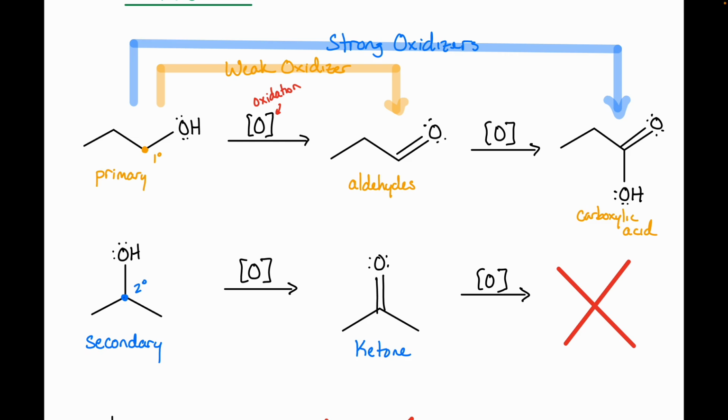For a secondary alcohol, you don't have the same problem. Regardless of whether you used a strong oxidizer or a weak oxidizer, they would both do the same thing. They would both convert a secondary alcohol to a ketone.